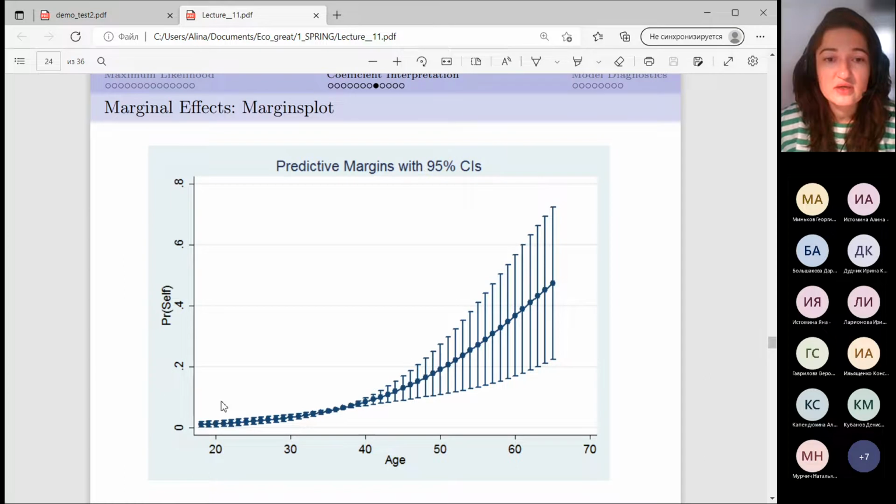For example, like this one, we take the variable age, and we want to visualize the effect of age on the probability to be, let's say, self-employed. Here's the example of self-employment. What does it mean? You can see this is the curve.